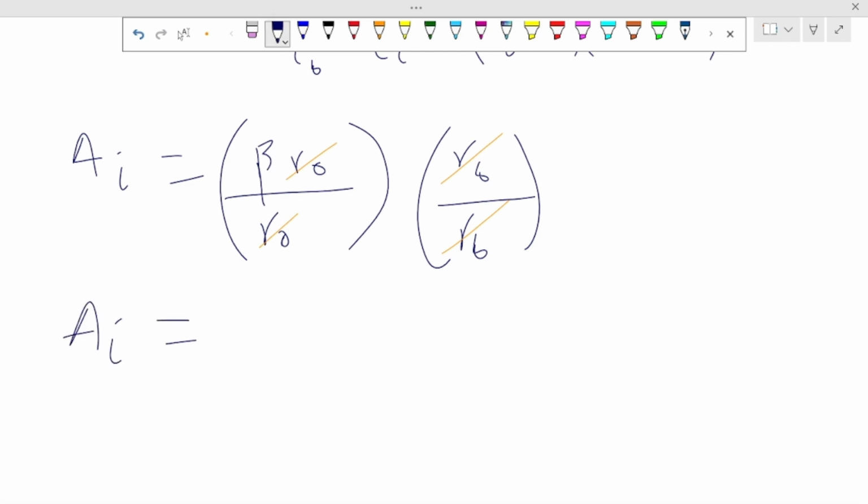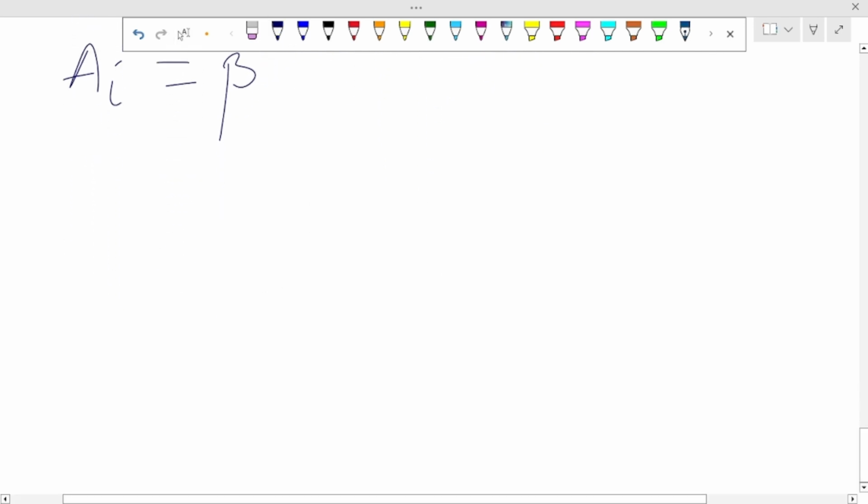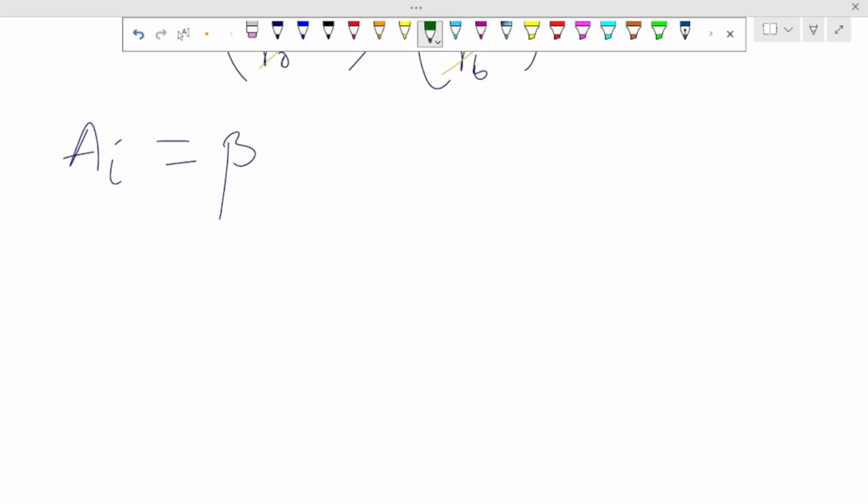and that means the current gain AI is beta. AI is beta. So I guess this is it. We now have our current gain and our voltage gain.